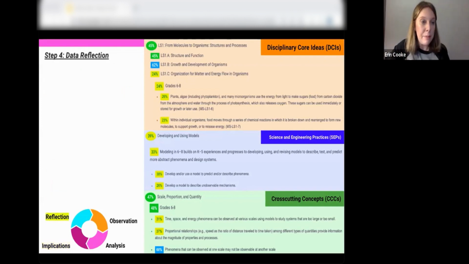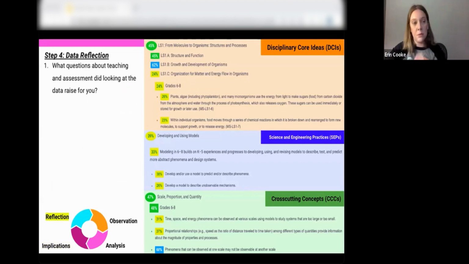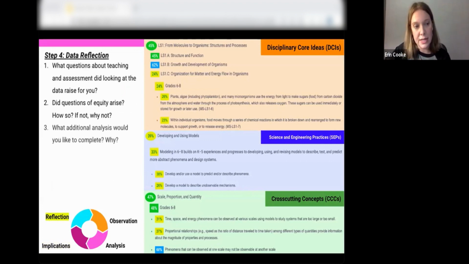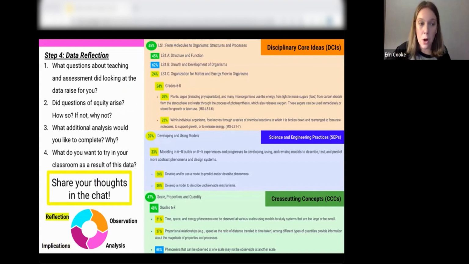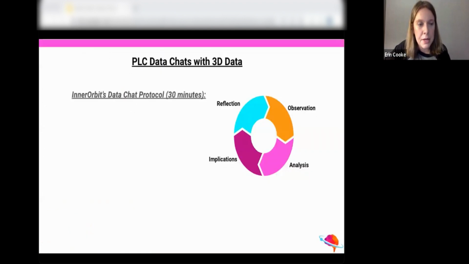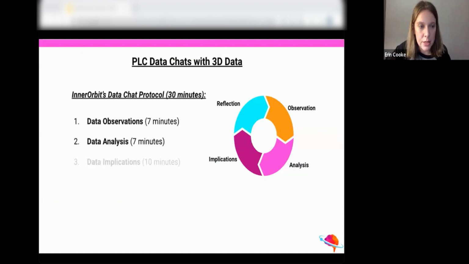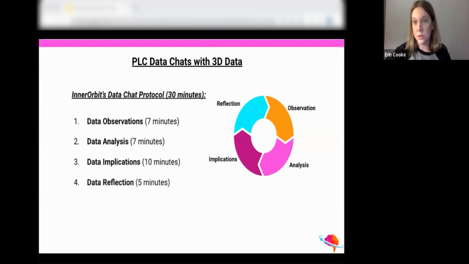And then to wrap up this data chat, we have some reflection questions that if you're wanting to reflect as a team about how that data chat protocol went, these questions are really helpful to reflect on that analysis. So we have this data chat protocol, and in a second, I'm going to drop the link to it in the chat. So if you want to follow these steps with your team, or even just independently with your own data, you can.